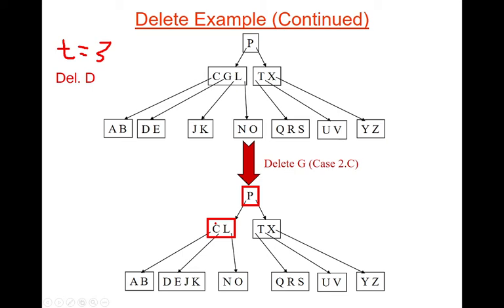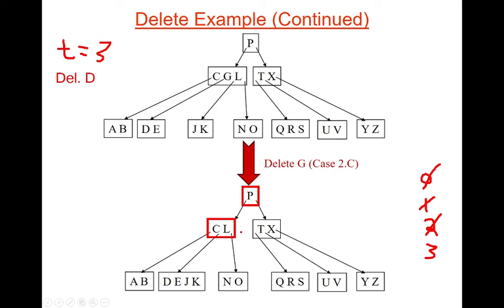So it means that this is not case 0, this is not case 1, because in case 1 we were looking for the leaves. This is not case 2, the key is not in an internal node. This is case 3, where, while going down in search of a key to be deleted, we encounter a node where we do not have at least t keys.